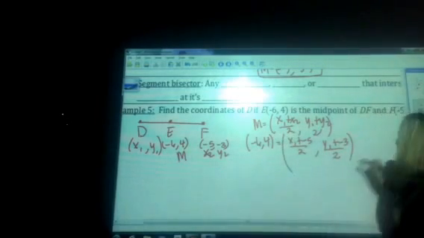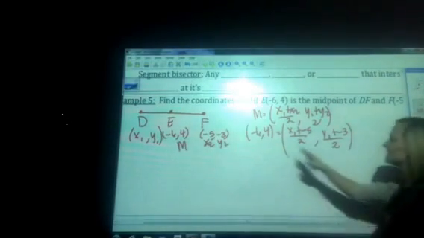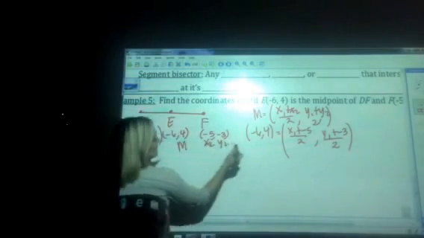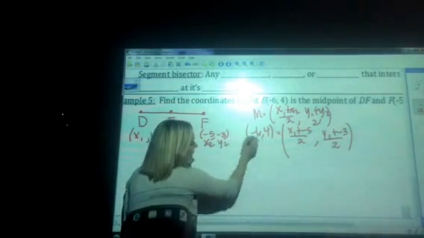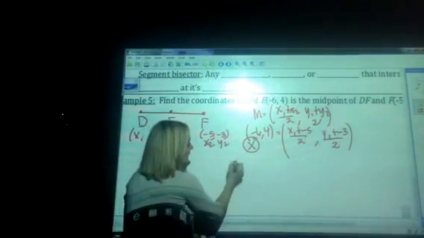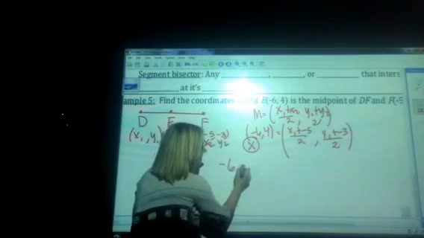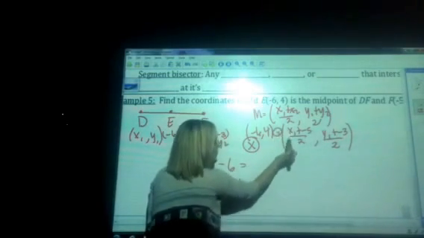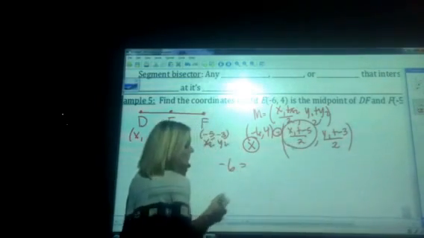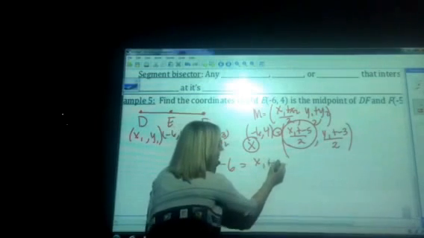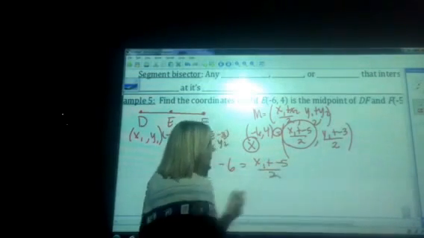So here I want you to keep in mind that this negative 6 is the x value of my midpoint. So I could say negative 6 is equal to, because remember it's equal to, the x value of your endpoint, x1 plus negative 5 divided by 2.